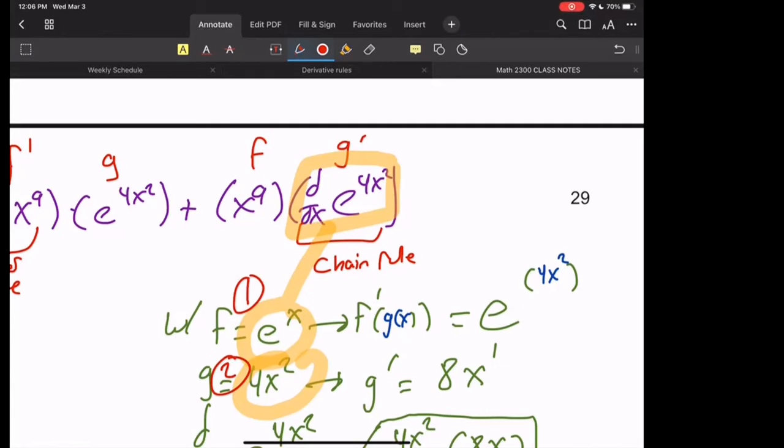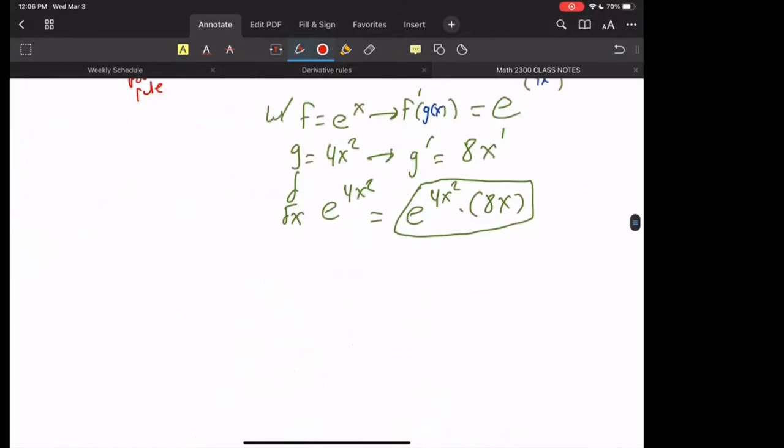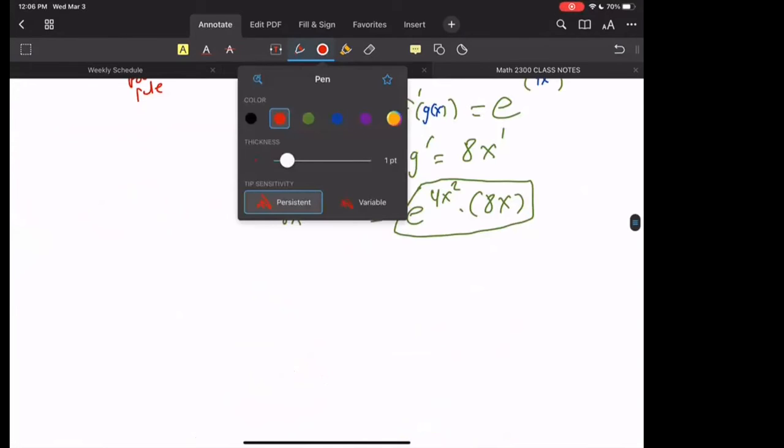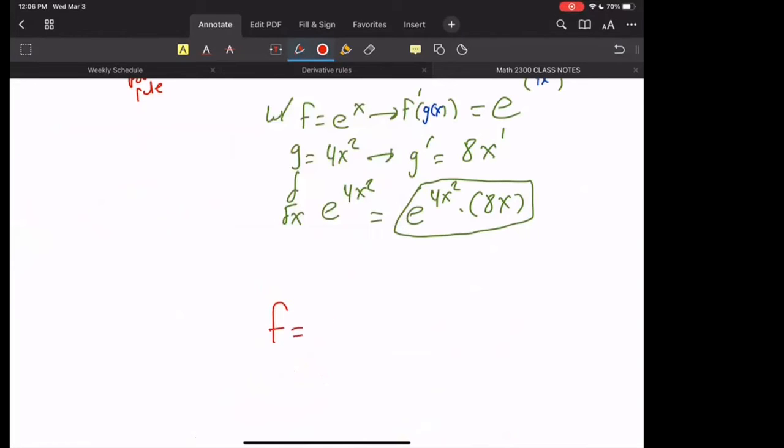Or basically, why is it the g? Can I clarify? Were you thinking maybe it was the other way around, that g was e to the x and f was 4x squared? Yeah. Okay, so let's think about that. If we had f being e to the x and g being 4x squared, and we did f of g, that would be... I just wrote the same thing down.